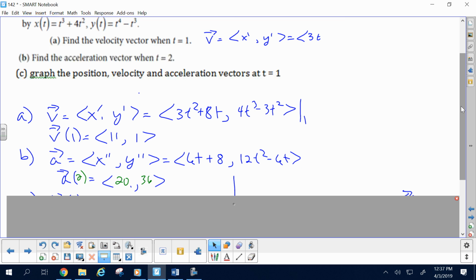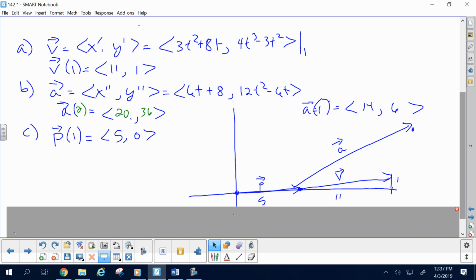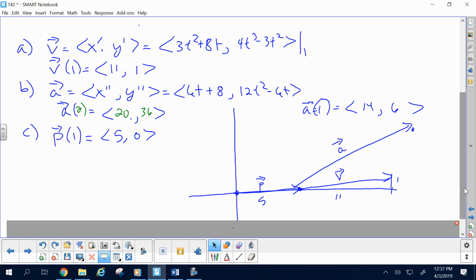Now you have to go back and find acceleration at 1, am I right? That was rude. Acceleration at 1 is, I just had it, I erased it. What is it? It's 14 and 6. Alright, so my last point then is this.